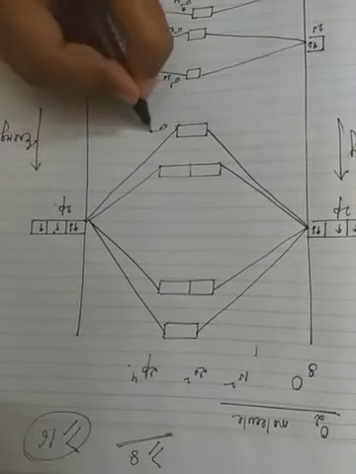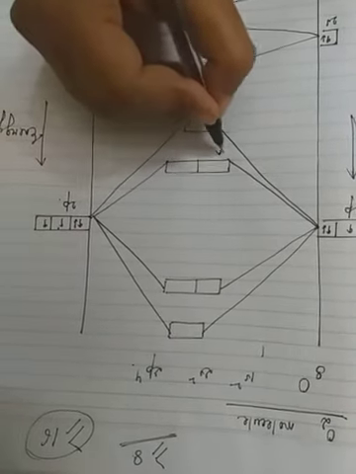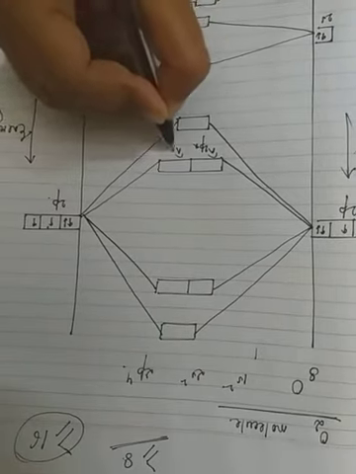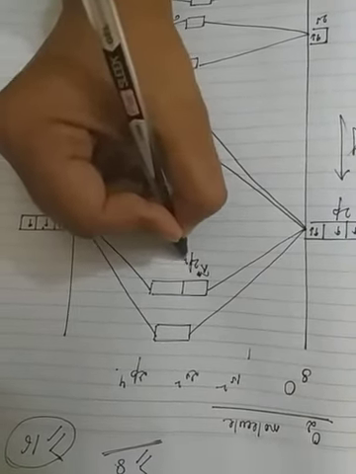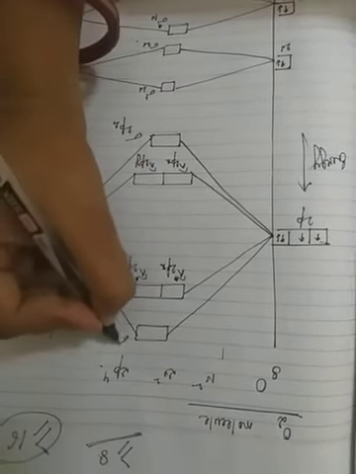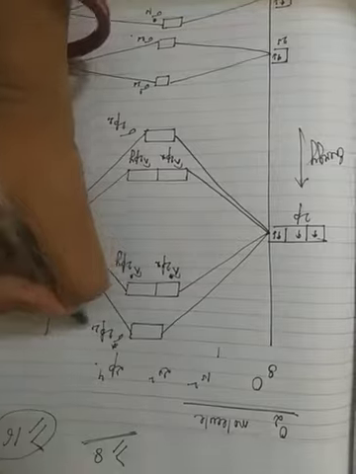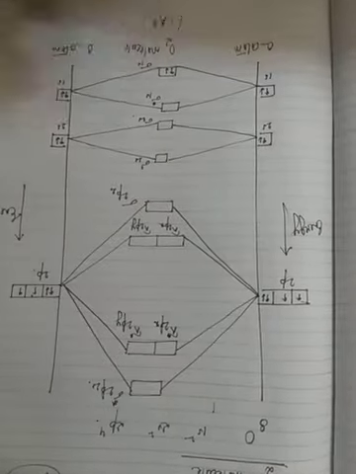The names will be: this is sigma 2pz, pi 2px, pi 2py, pi star 2px, pi star 2py, sigma star 2pz. The electrons can be filled as follows.